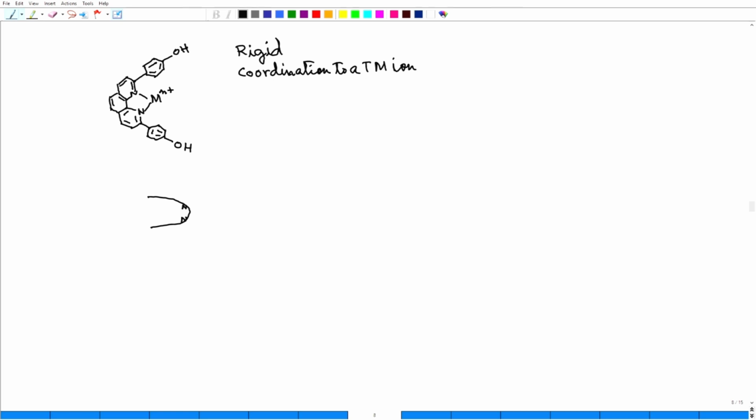I have one, I am putting another, and they have to be like this. And they are now 4 nitrogens. So, if I put a metal here, that is criterion number 1, all right.